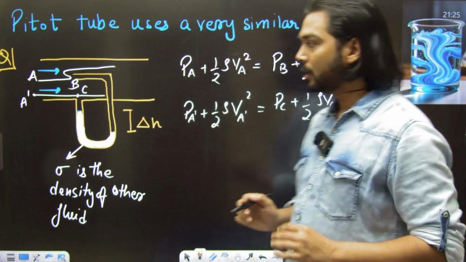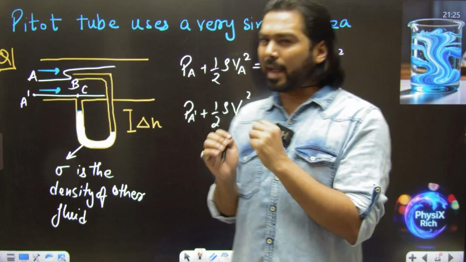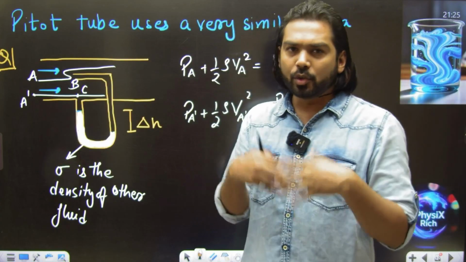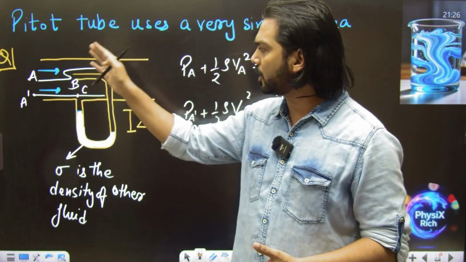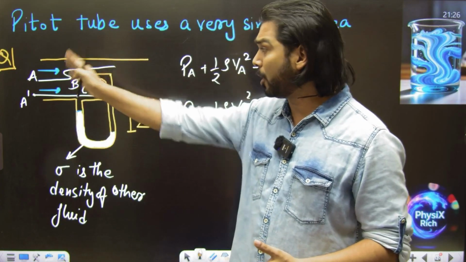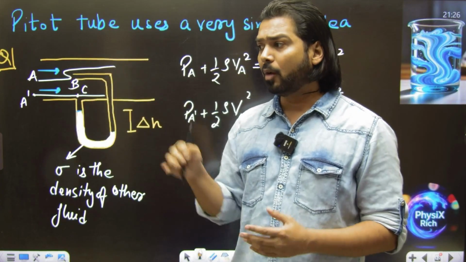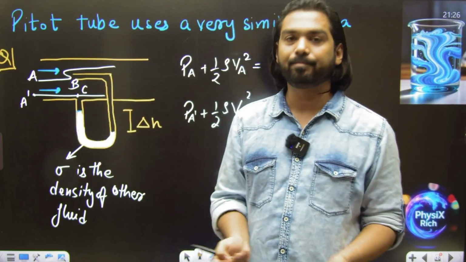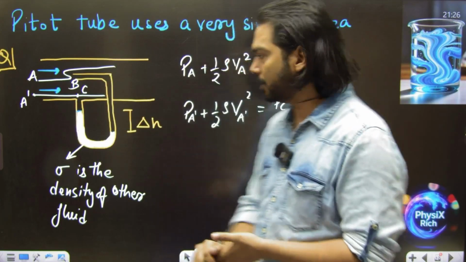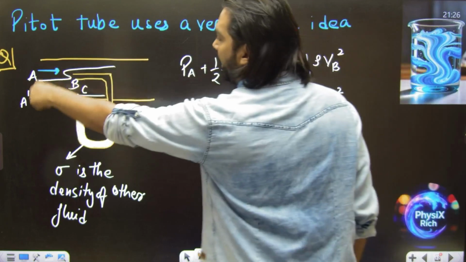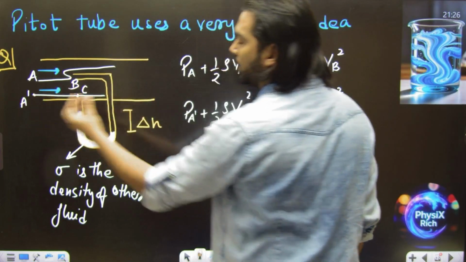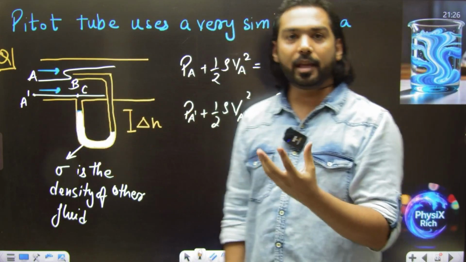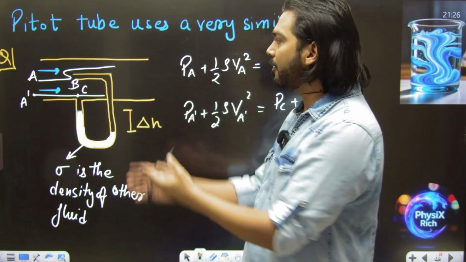Okay? Now, here's the thing. Why is it that these books that teach you wrong things, they say that at point B and C you can apply Bernoulli's? Why is it that they still get the right answer? They get the right answer because A and A dash are actually similar points. They are similar points as in they have very similar properties.